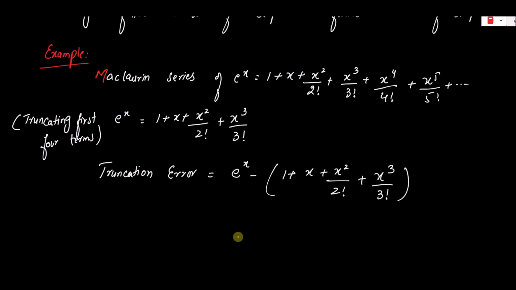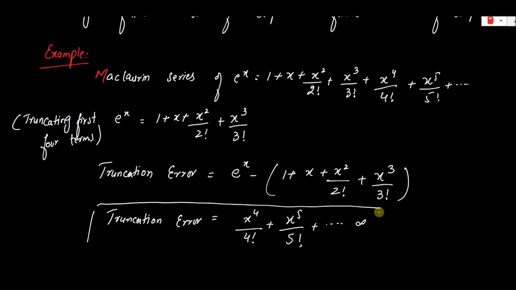When we subtract, we will get x raised to the power 4 over 4 factorial plus x raised to the power 5 over 5 factorial and so on to infinity. That is all included in the truncation error. So that's how we get the truncation error.